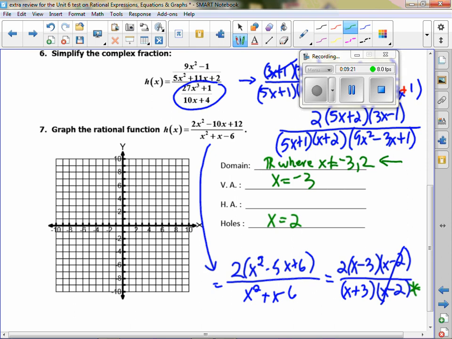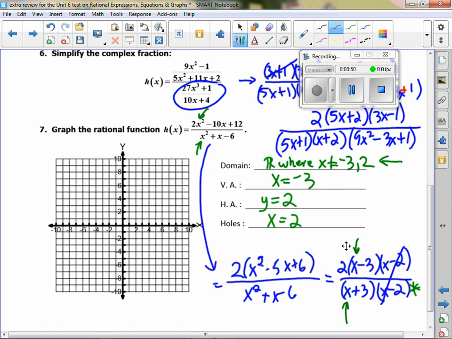All right, my horizontal asymptote. I can use the original problem or my fixed version. In either case, the degree on top and the degree on the bottom are the same: x and x, or up here x squared and x squared. Either way, there's a 2 in front of them, so my horizontal asymptote would be 2 over 1, because I use my leading coefficients. So y equals 2. At this point, you are ready to go to your calculator and graph it up.